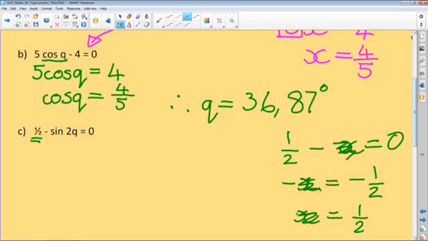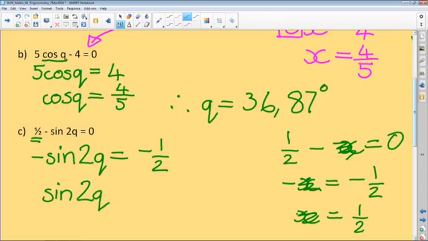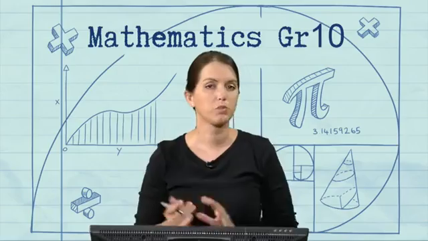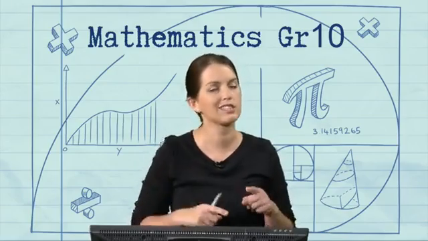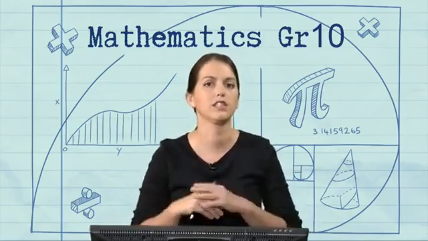I'm going to take the half over to the other side, leaving me with negative sine 2q is equal to negative half. I don't like the negatives, so I'm going to get rid of them, and the way I get rid of them mathematically is by multiplying both sides by negative 1. Okay, grade 10s, by this point you should be looking at it and going, but usually it says sine q and not sine 2q.